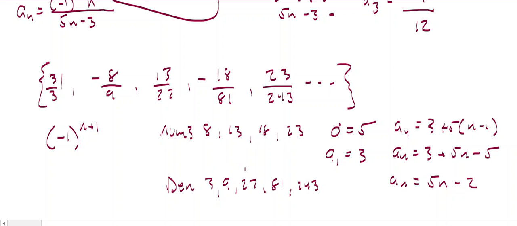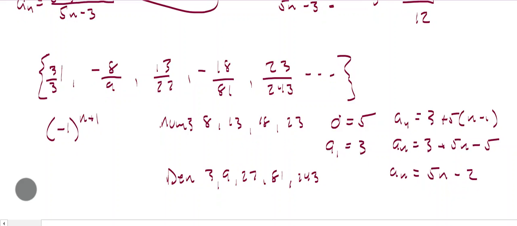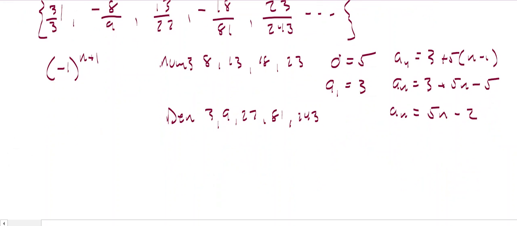In other words, this is actually geometric. With the first term, we basically have 3 to the first power. Then the second term, it's 3 to the second power. So it's going to be 3 to the n, which is geometric.